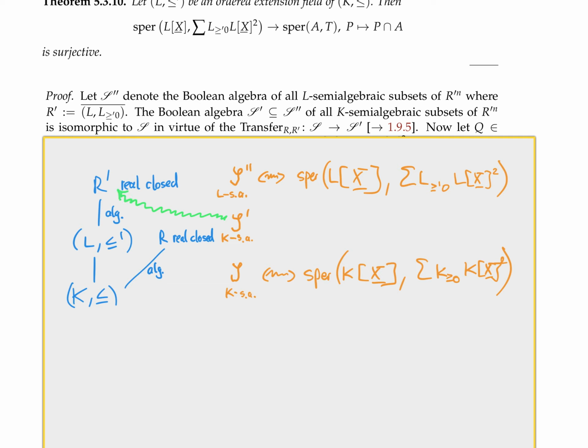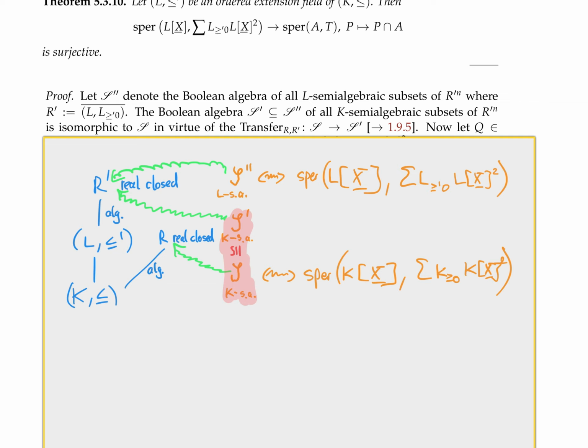Maybe I should indicate this. S prime prime was L semi-algebraic subsets of R prime to the n, and S was K semi-algebraic subsets of R to the n. And so S and S prime are isomorphic as Boolean algebras. Let me write it like this. Okay. They are isomorphic.